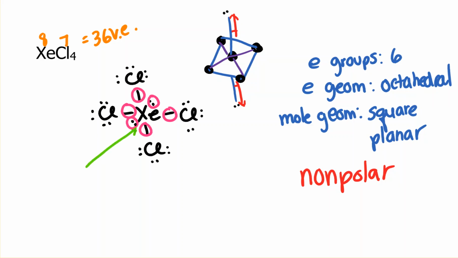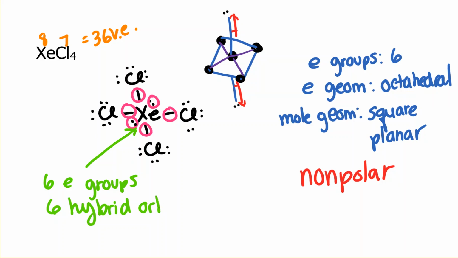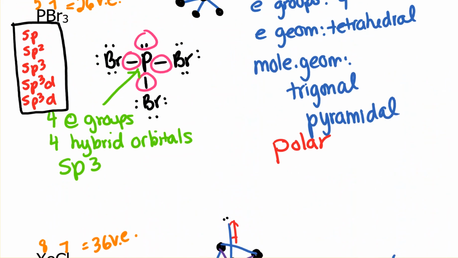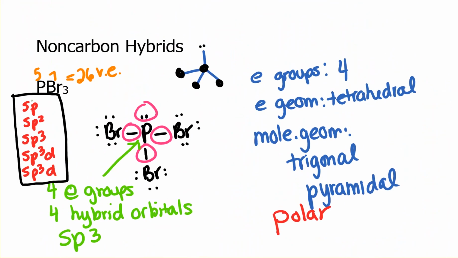Let's look at the type of hybrid orbital. Looking at my central atom, it has 6 electron groups. That means it has 6 hybrid orbitals. And so let's look at our order that we had up here. To get to 6, again, looking at the exponents, I have to, oops, looks like I'm missing one, aren't I?